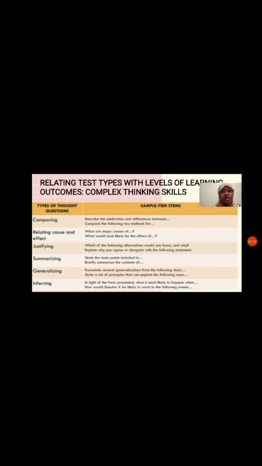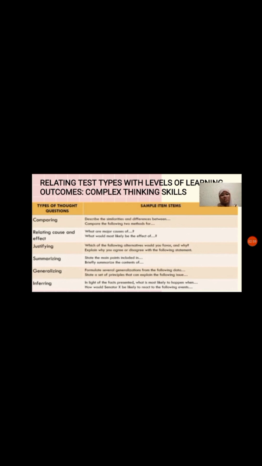For justifying type of thought questions, which of the following alternatives would you favor and why? Explain why you agree or disagree with the following statement. For summarizing the sample item stems, state the main points included in. Briefly summarize the contents of.